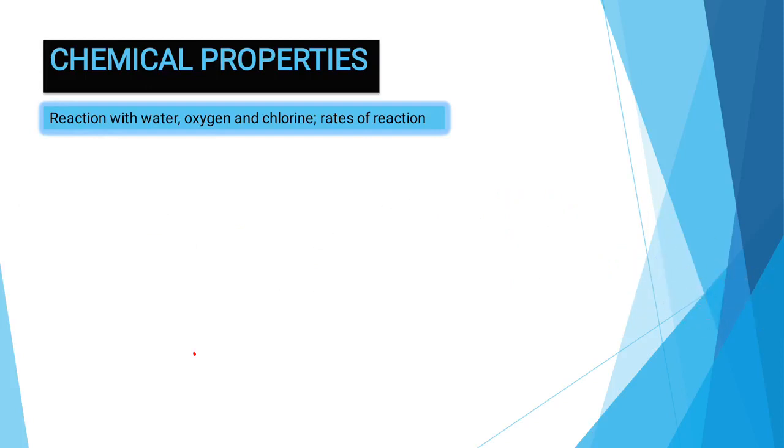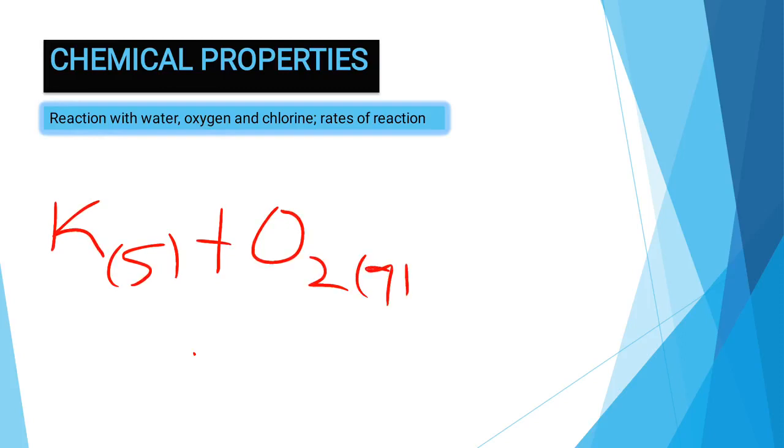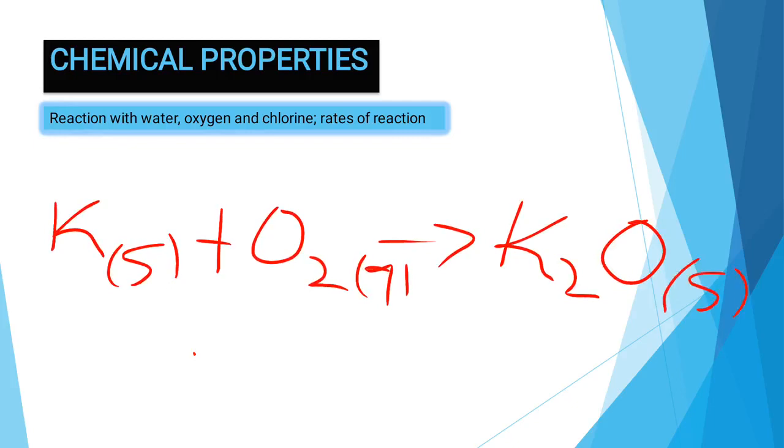It is obvious that now we will have potassium solid reacting with oxygen, which is a gas, to give us potassium oxide, and this is a solid. The equation is balanced by having a 2 there.